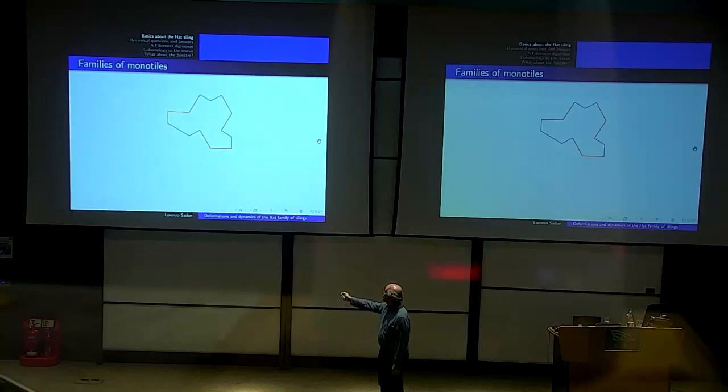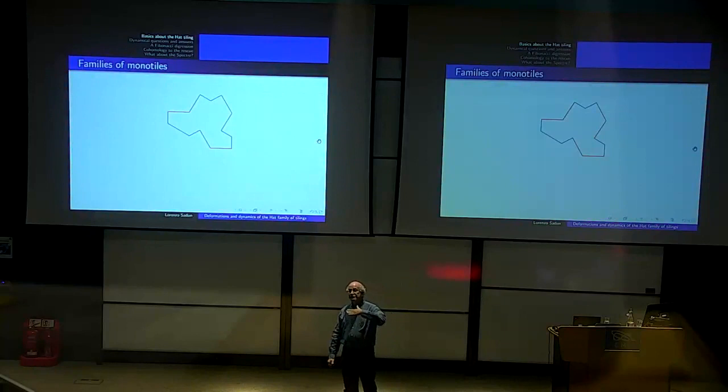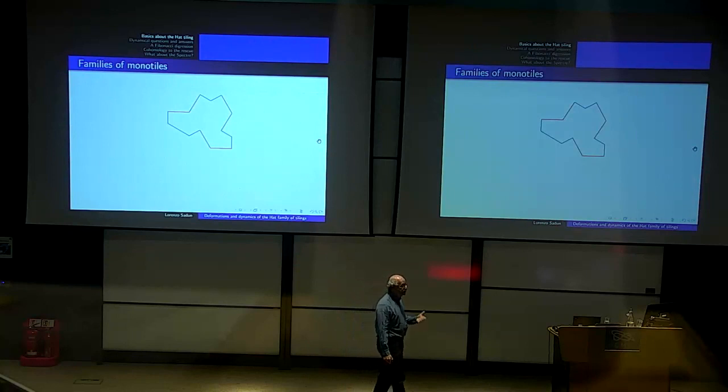And this big, long blue edge is really 2 short blue edges concatenated. And that is the basic shape. And you notice that the red edges are pointing in the horizontal direction plus multiples of 60 degrees. And the blue edges are pointing in the vertical direction plus multiples of 60 degrees.